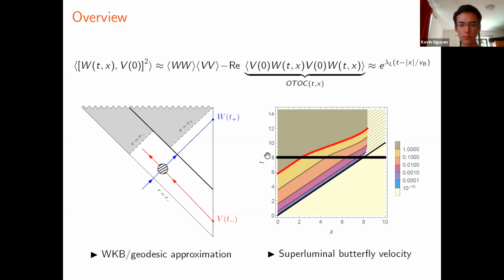Before that, we can see that this red line has slope 1, and this defines the butterfly velocity. So the butterfly velocity is initially the speed of light, but right after energy injection, we see that the slope becomes less than 1, which means that the butterfly velocity becomes superluminal. I will explain that in the second part of the talk.